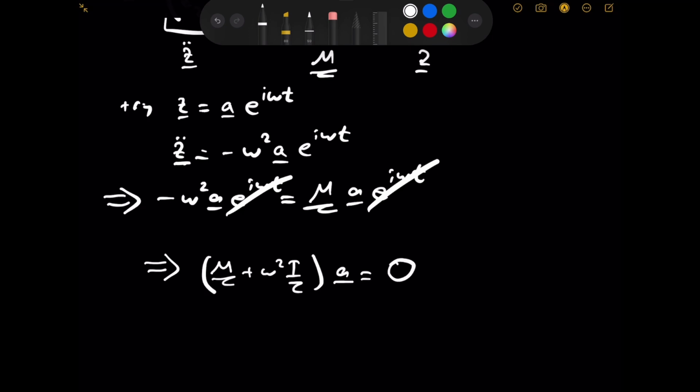Now, how do we solve this? For non-zero a, we want this equation to be non-invertible.